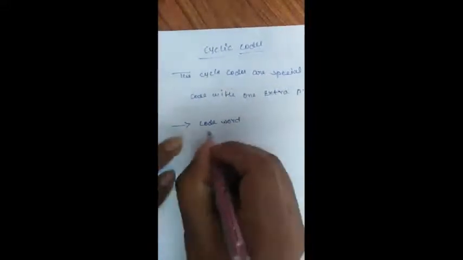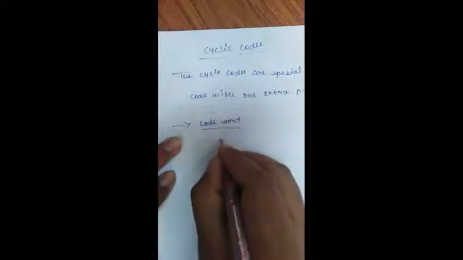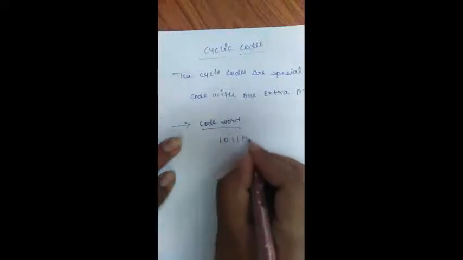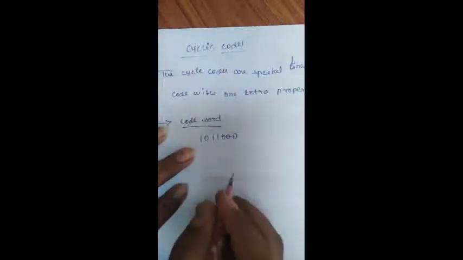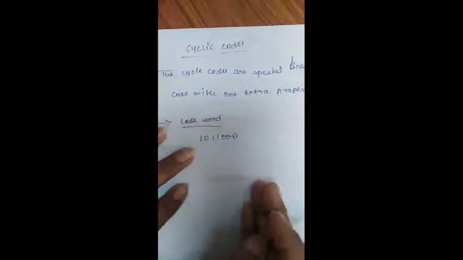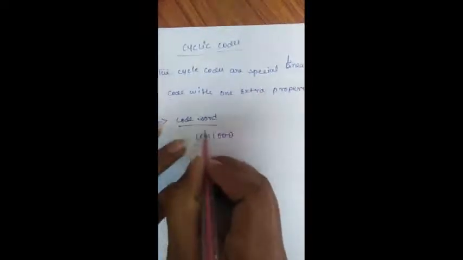For example, I will take the code word 101100 and represent it cyclically. It is a left shift, so we shift toward the left side.